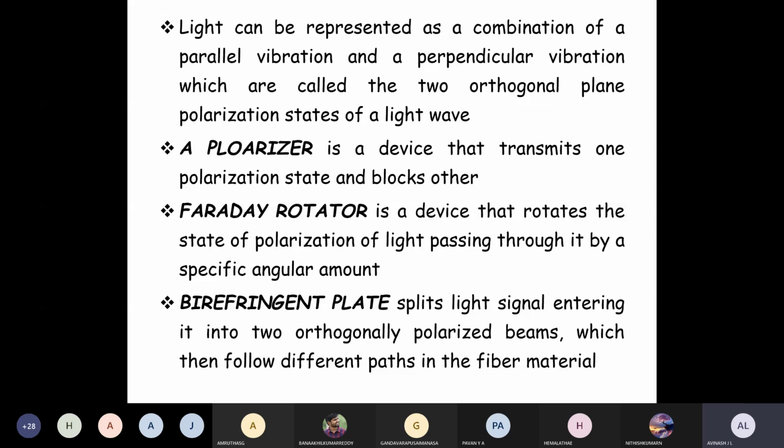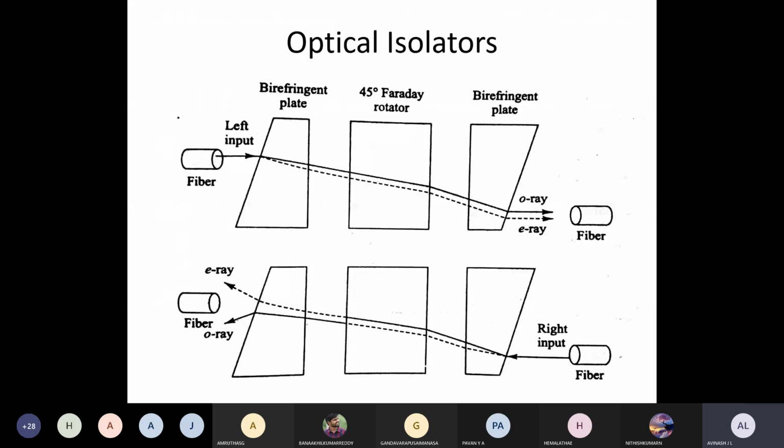Once you have noted this, we'll go to the next topic, that is optical isolators.